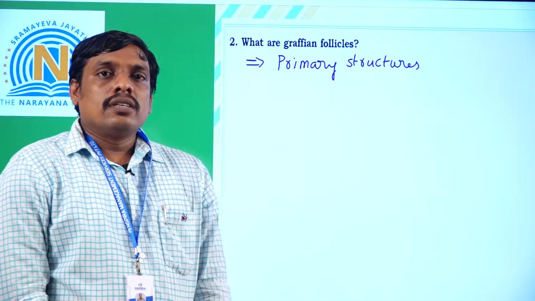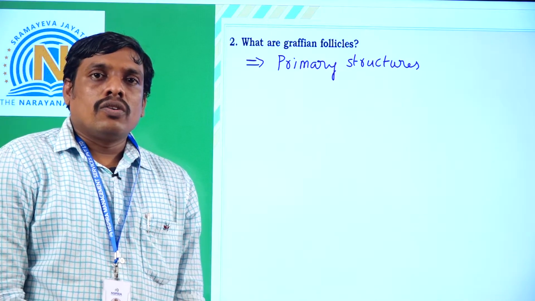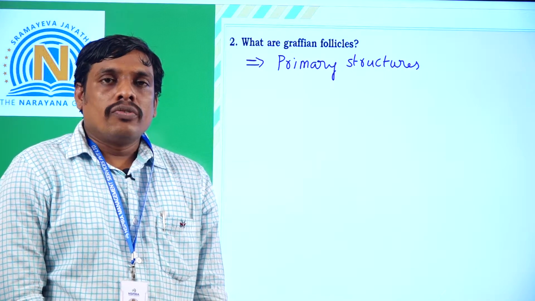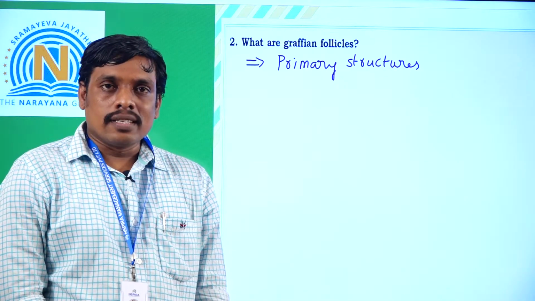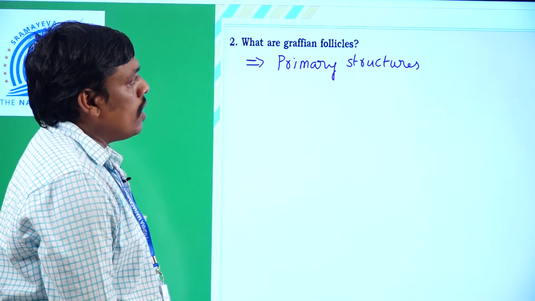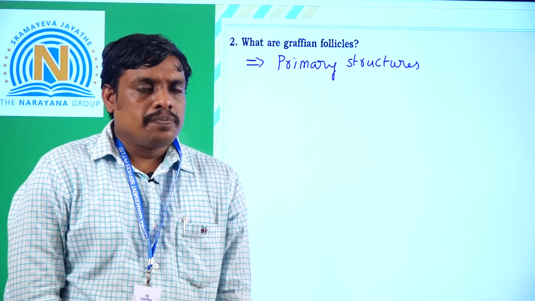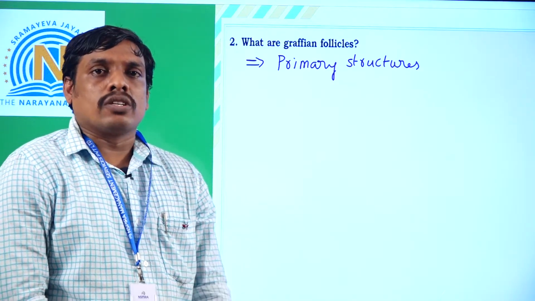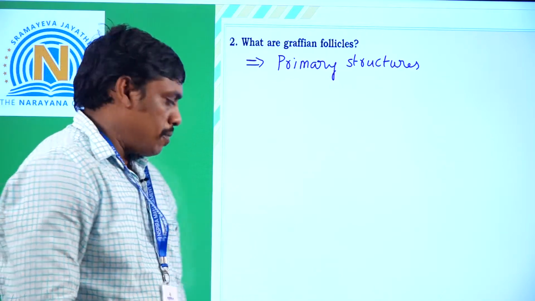In class 8, in the chapter on adolescence, we have already studied the female gamete, isn't it? The female gamete develops from the primitive structure called the graafian follicle.